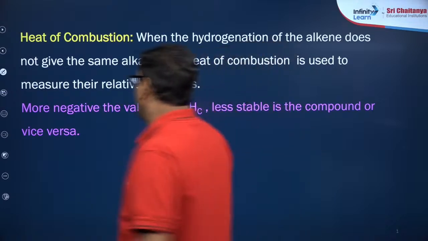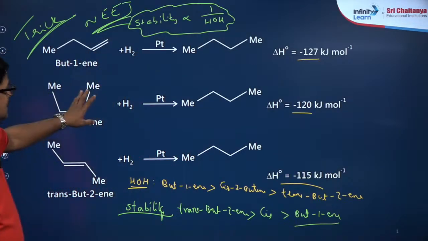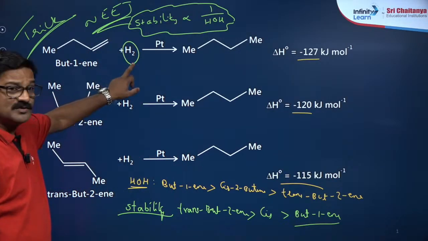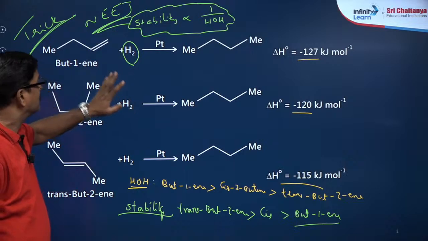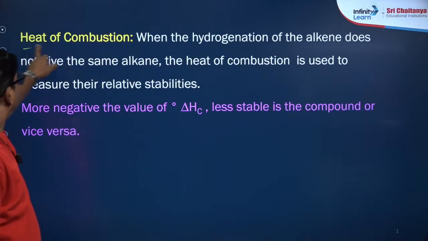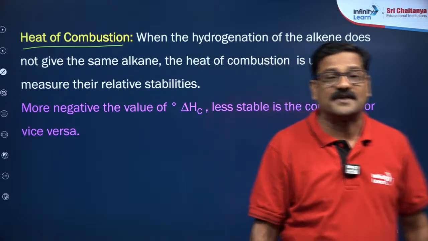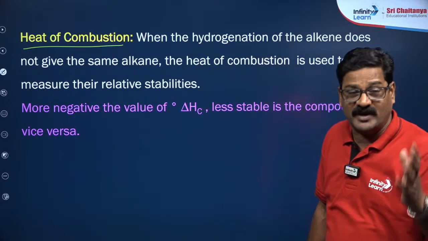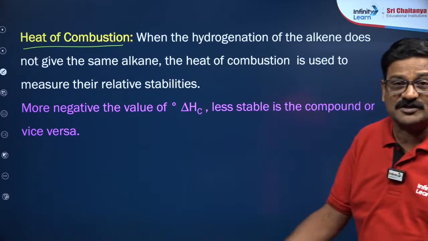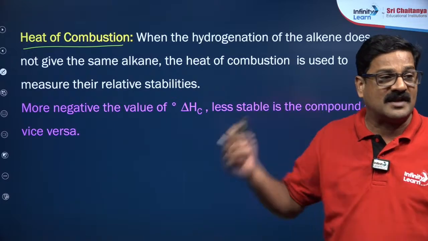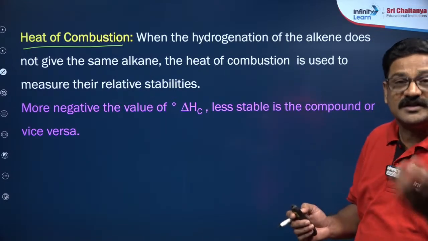Now let's see. This is heat of hydrogenation, right? Then heat of combustion will also come. What is the meaning of heat of combustion? Heat of combustion means when an alkene is subjected to burning, it burns like anything, right? So heat is released.